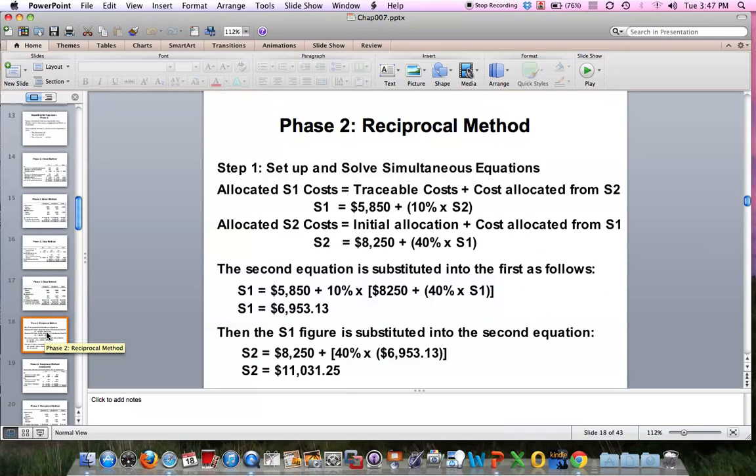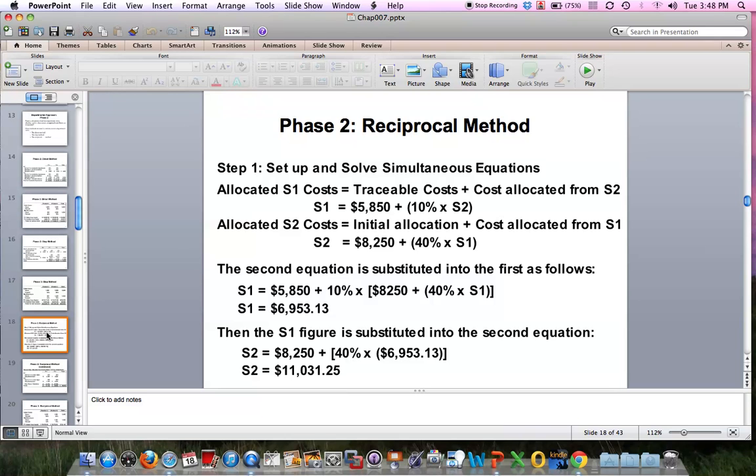Okay, the final one is the reciprocal method. The one thing to keep in mind is phase 1's the same for all three methods. It's phase 2 that really changes. For reciprocal, phase 2 requires a little bit of math and kind of a solve for. It's not too bad. They're going to keep it simple because they're just going to give us 2 departments to worry about.